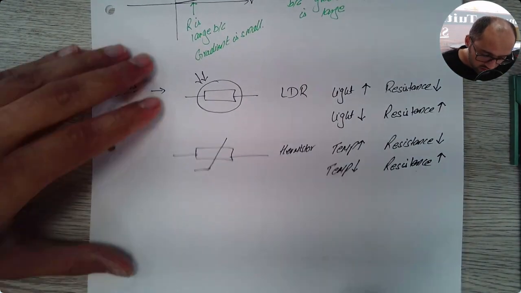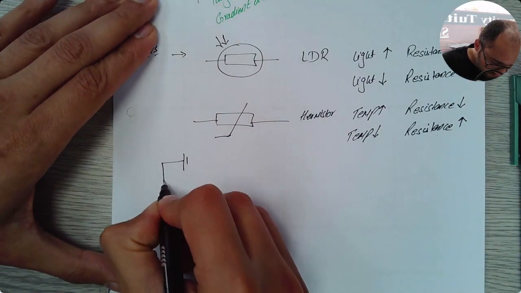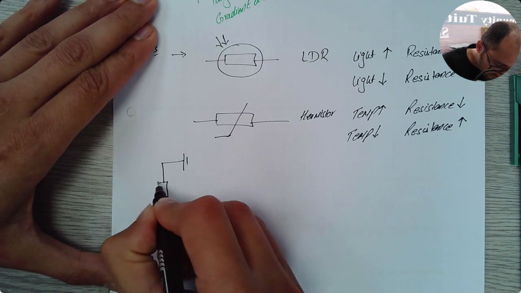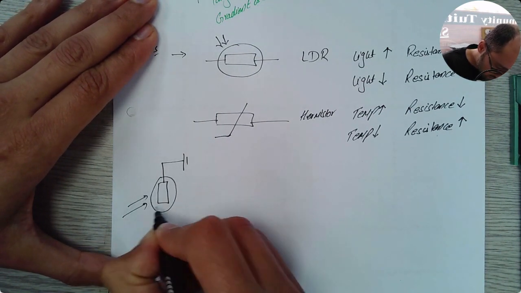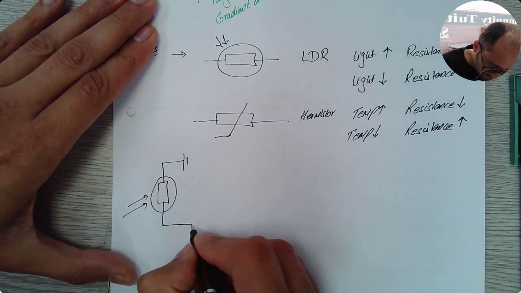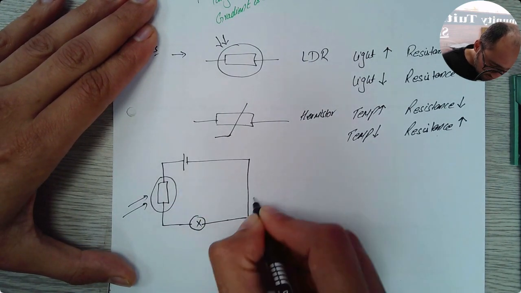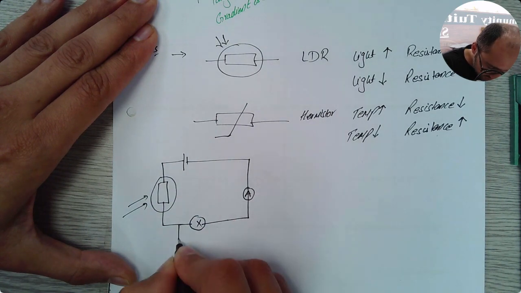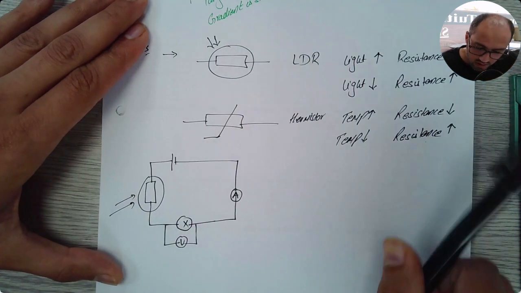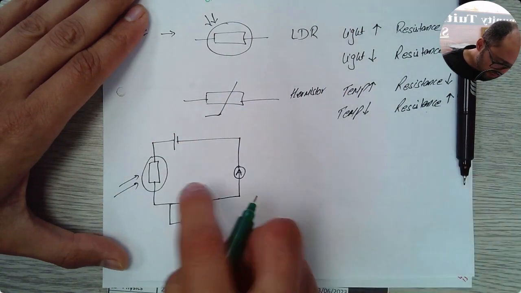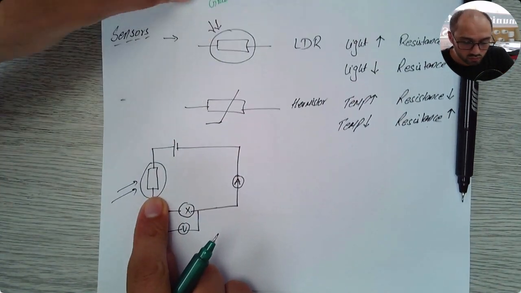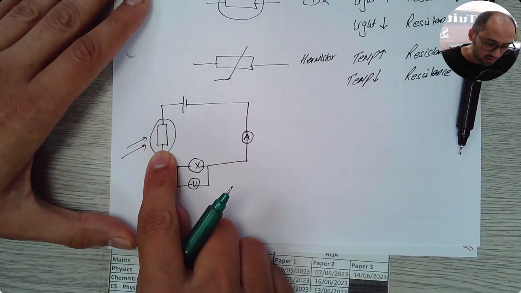The same circuit, I have a lamp here, emitter, and in this case, again, the resistance of this component will change with light conditions.